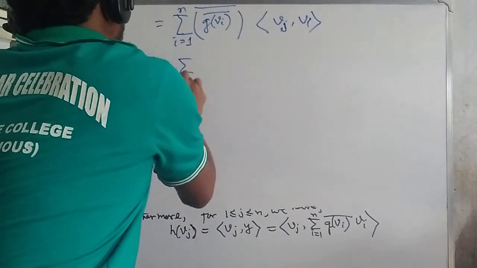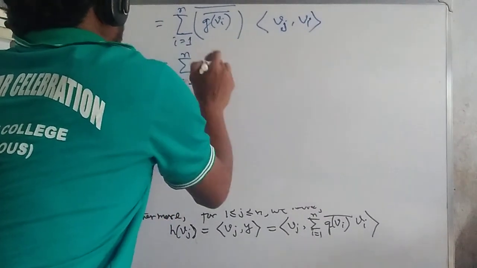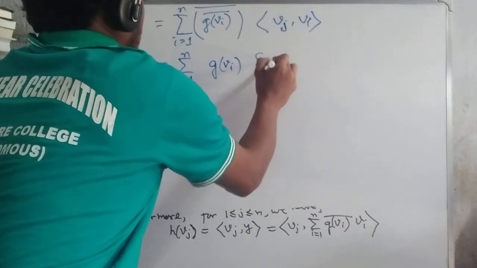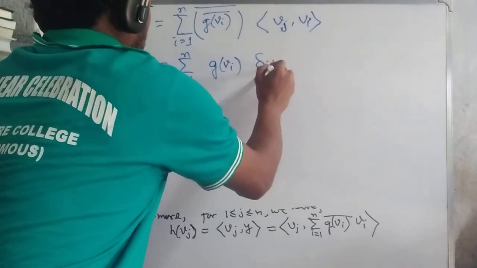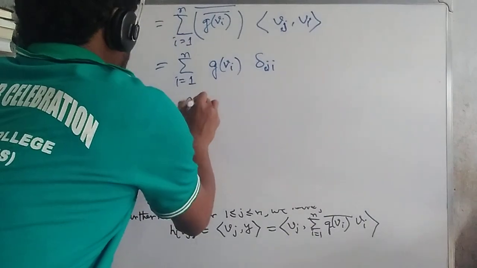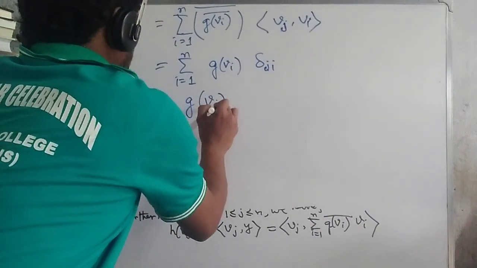This one equals the sum from i equal to 1 to n of g of v_i, here delta of j i. Delta of j i equal to what? It equals g of v_j.